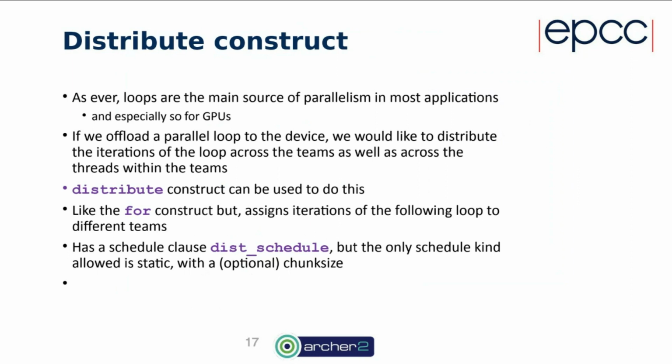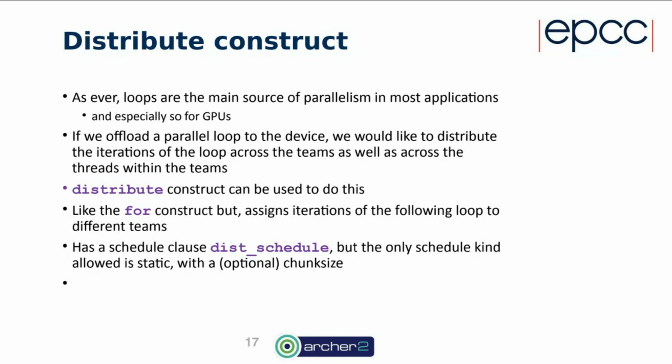And then we also have the teams equivalent of a work sharing construct. Because loops are the most common source of parallelism, and particularly so for GPUs, if we offload a parallel loop to the device, we'd like to be able to distribute the iterations of that loop across the teams as well as across the threads within the teams. And so there's a distribute construct to do this.